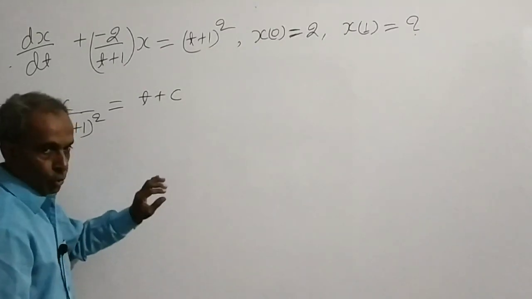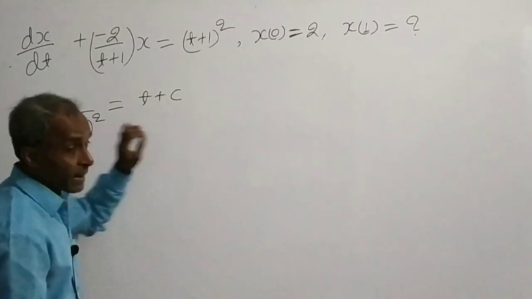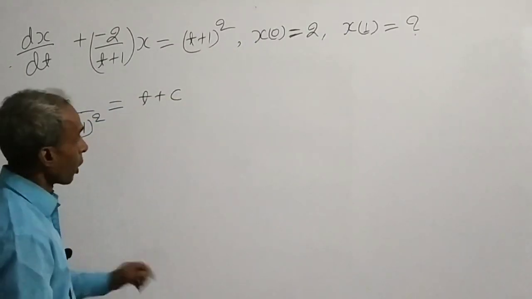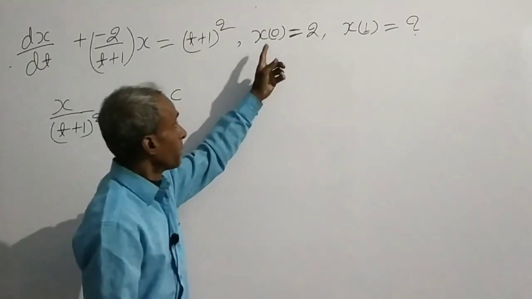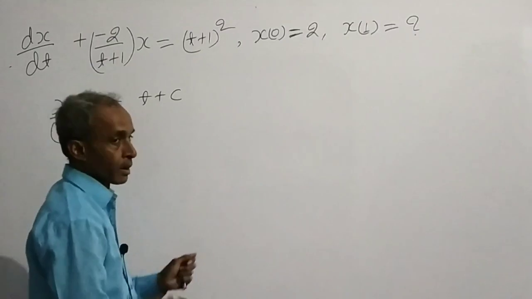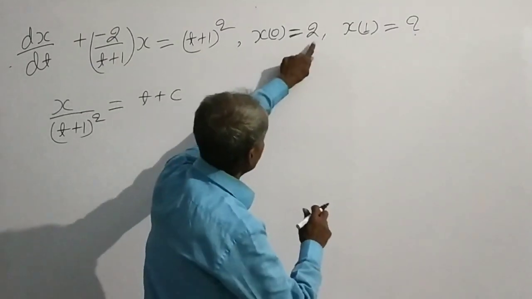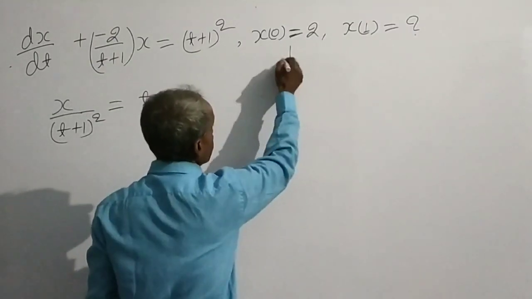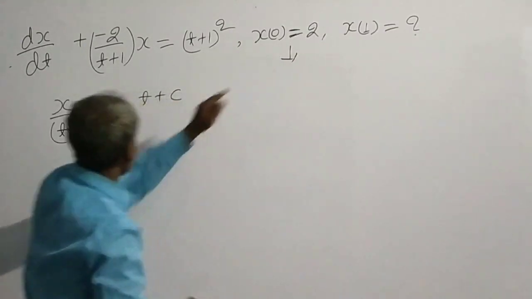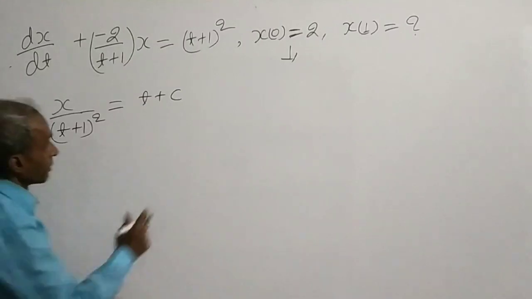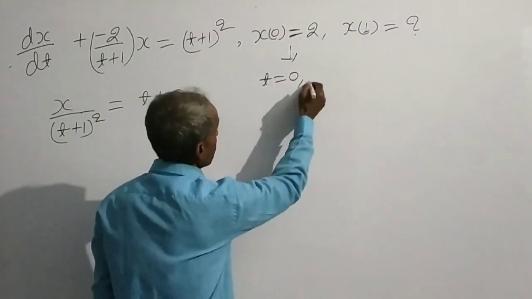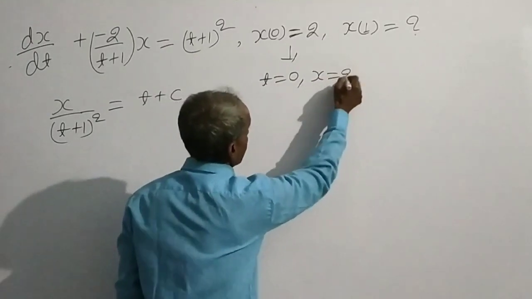We want to find a particular solution of this differential equation. For that purpose, we will use this information. x0 is equal to 2 means when t is equal to 0, then we get the value of x as 2.